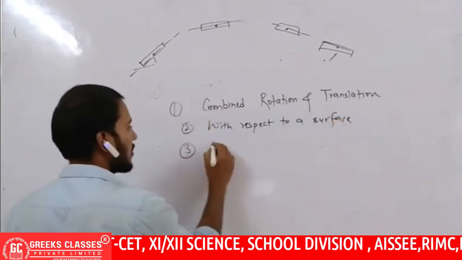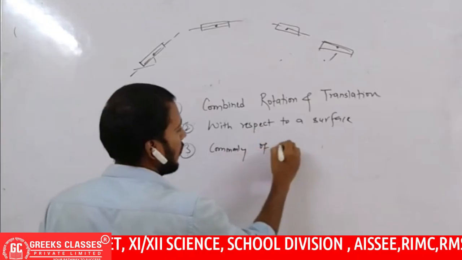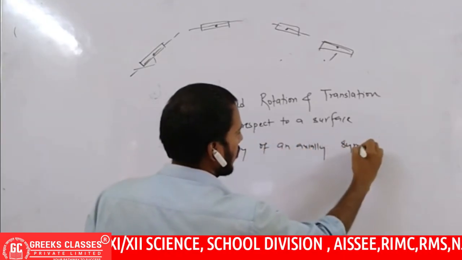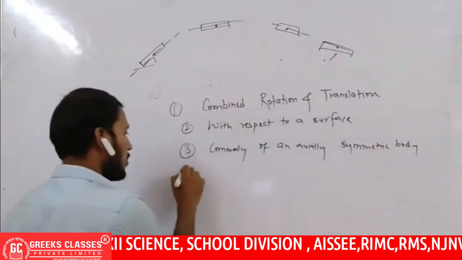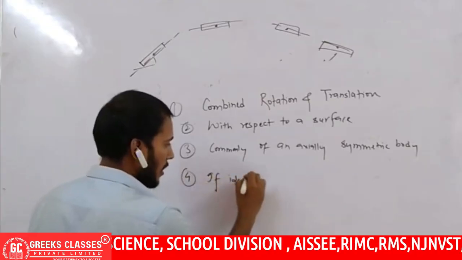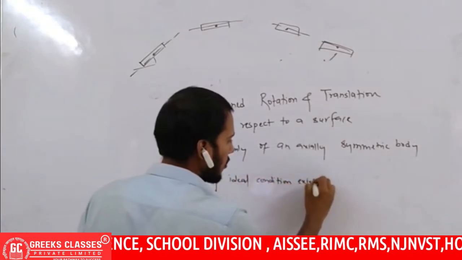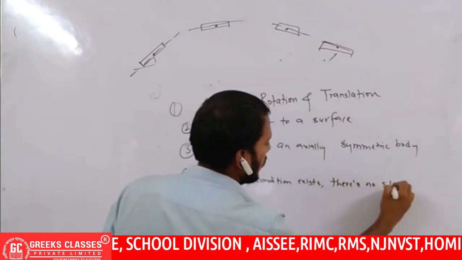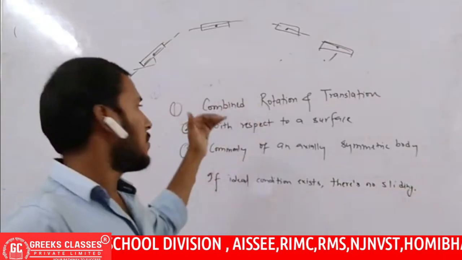Third part is commonly of an axially symmetric body. And the fourth part is if ideal condition exists, there is no sliding. Now we understand all these four terms one by one.